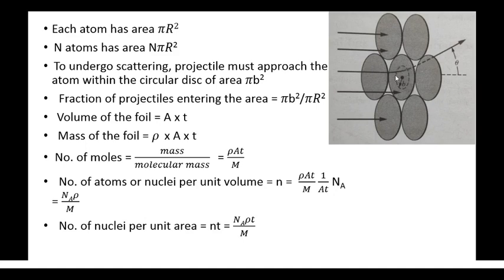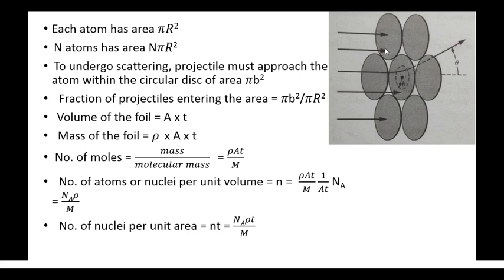So here we are considering a small circular disc inside the atom having a radius small b, and that small b is the impact parameter. So this small circular area has an area pi b square. Whenever the alpha particles enter this area pi b square, only then do they get scattered.